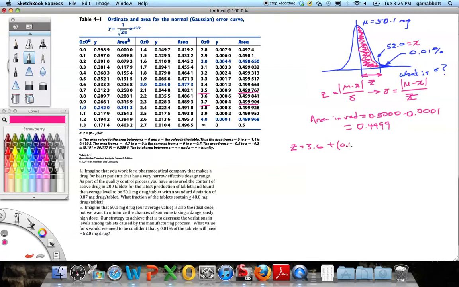The little extra value that we want is going to be a fraction of the interval for z. 0.1 is the interval for z. The fraction will be represented by the fractional value of the area that we have.